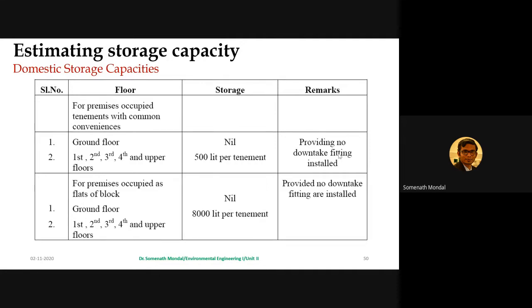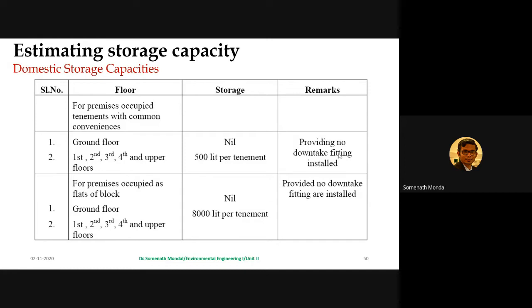Now for premises occupied as flats or blocks, in those cases where we have flat societies, for the ground floor we need nil. We don't need any extra storage, because you are going to get water directly. Similarly, for the ground floor it is nil, but for the first floor, second floor, third floor, fourth floor and upper floors, we need 8,000 liters per tenement, because here we are talking about a full flat where we don't have common conveniences.